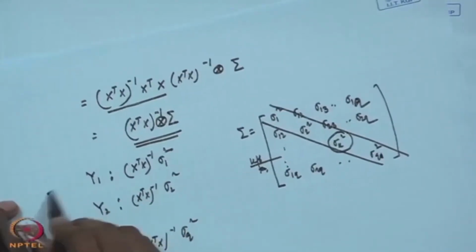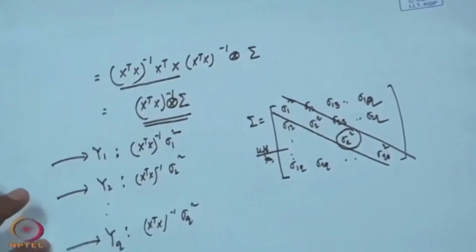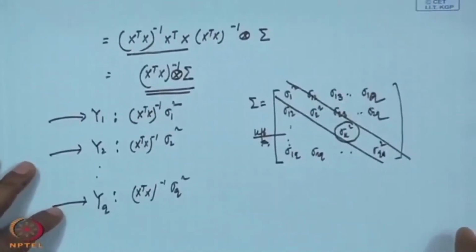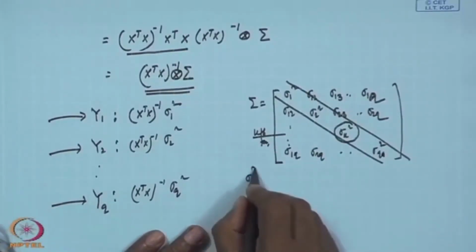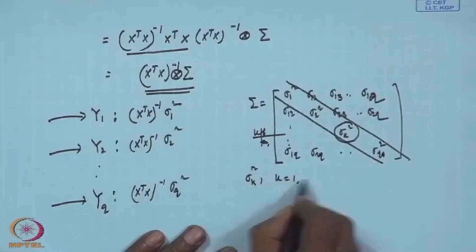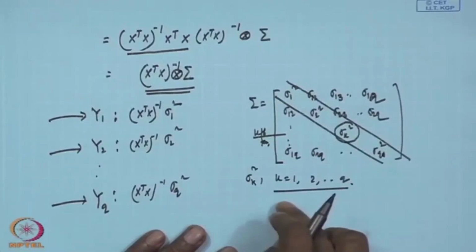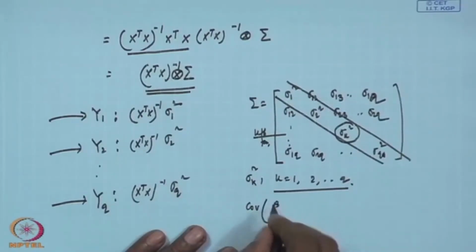When you talk about the individual dependent variable part, I must know sigma k square, k equal to 1 to q. If you know this, then you know the variability part, the covariance of beta k.